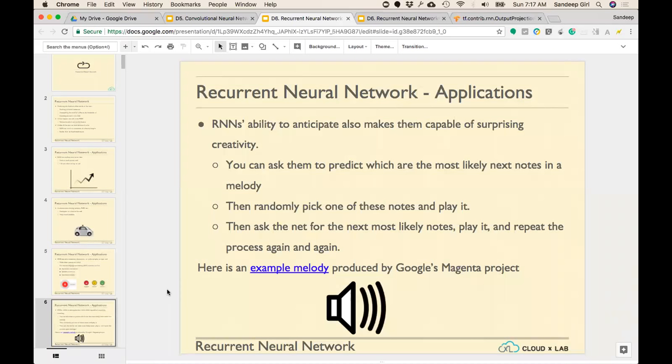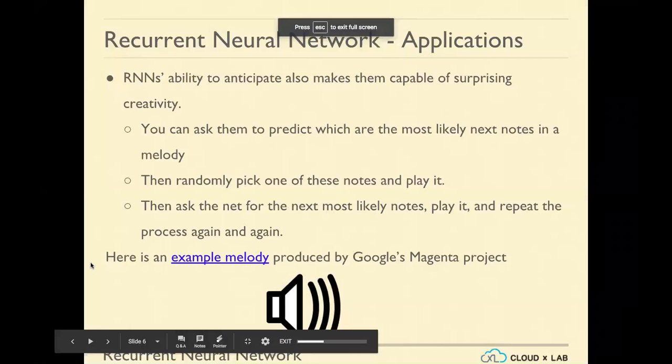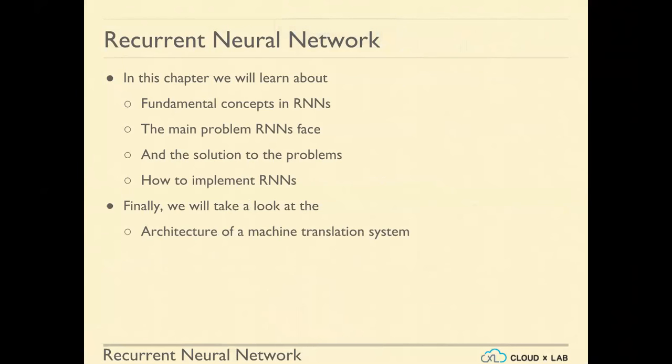All right. So with RNN, we could do a lot. So in this chapter, we will learn about fundamental concepts in RNN, the main problems that RNNs face, the solution to these problems, and how to implement RNNs.